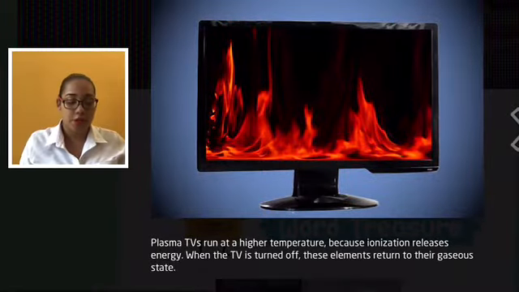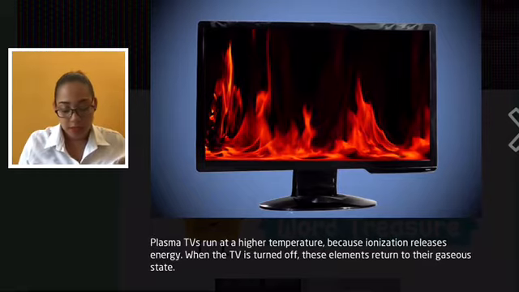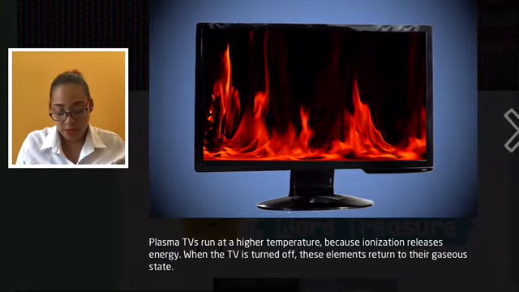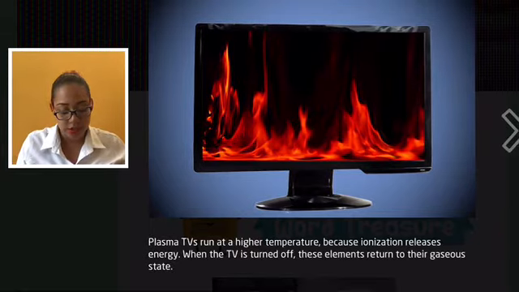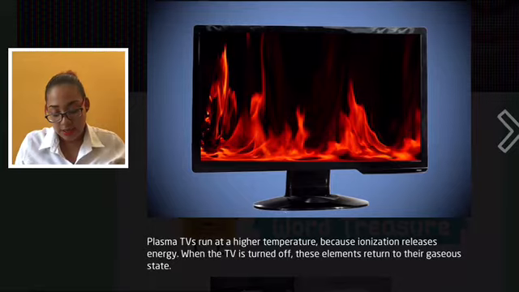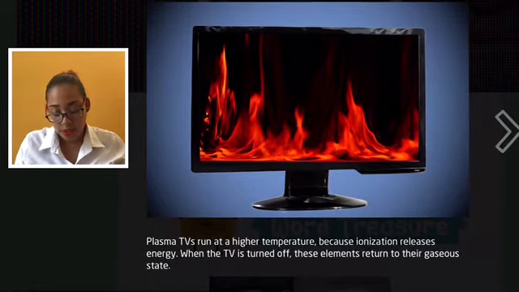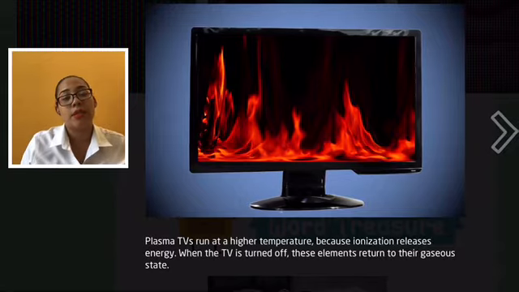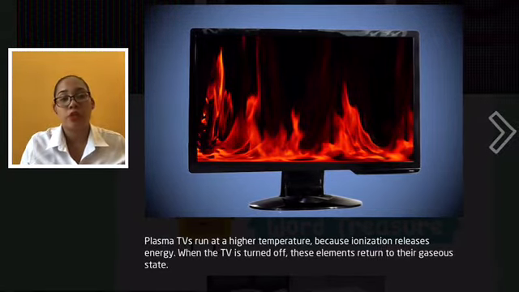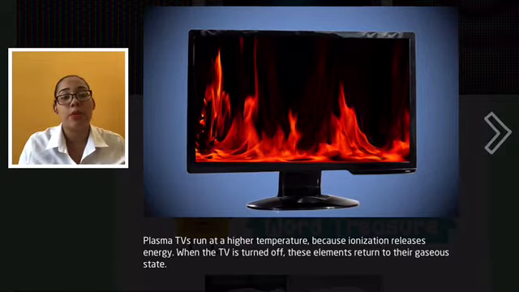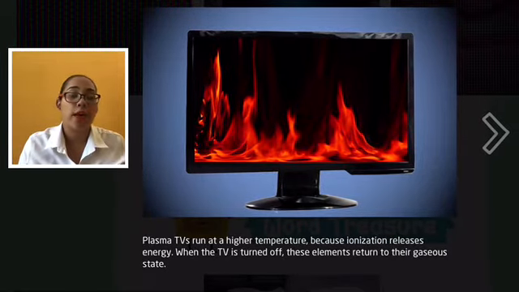Okay, the other image says plasma TVs run at a higher temperature because ionization releases energy. When the TV is turned off, these elements turn to their gaseous state. So that's why it's always important to unplug your chargers, the TV, the fan, everything that requires energy. Why?